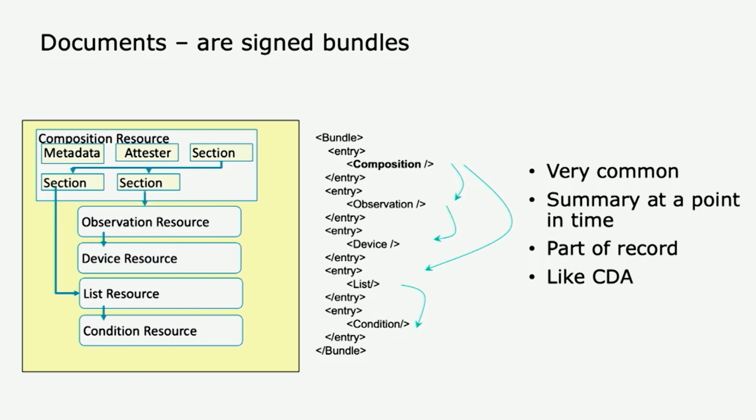A document needs to have an author, a creator. That's one use of this bundle resource and creating a document using FHIR is that it's possible for that to be authenticated against some individual or organization that created the document.